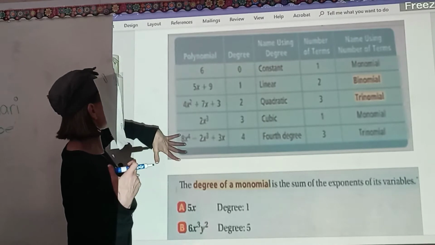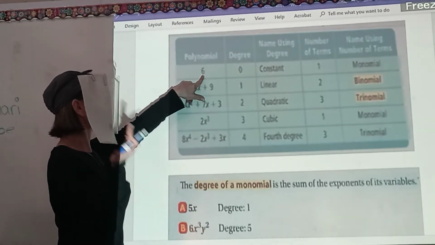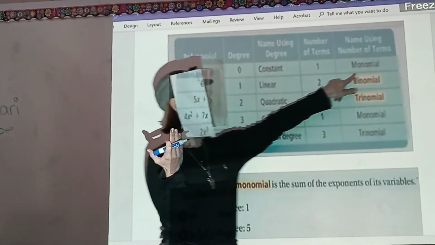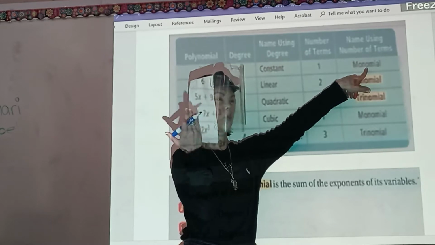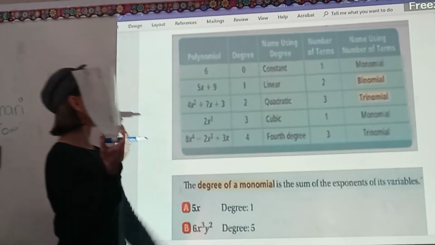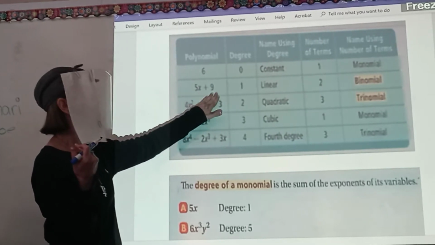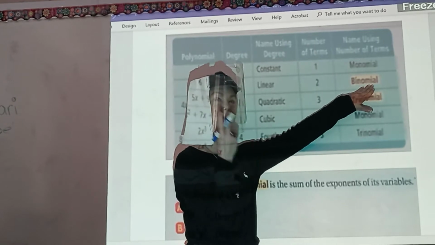Okay, so here are the polynomials. We have the number 6 here, which is one term, which is called a monomial. Mono, one. One term, monomial. And then we have 5x plus 9. There are two terms here, which means it's a binomial. Bi means two.